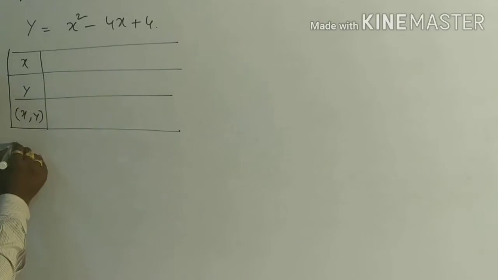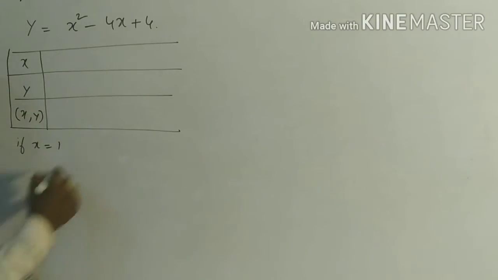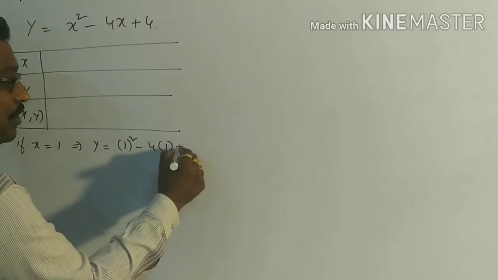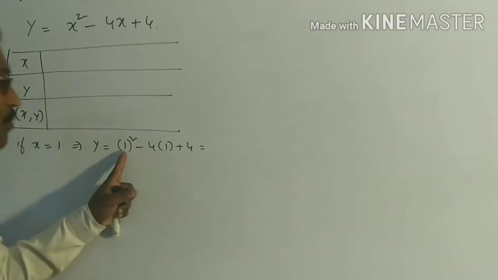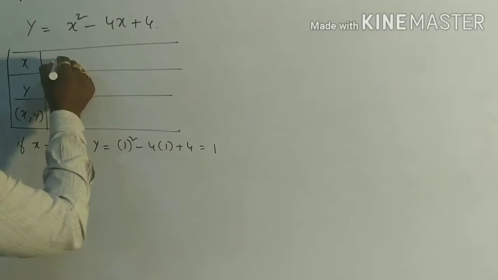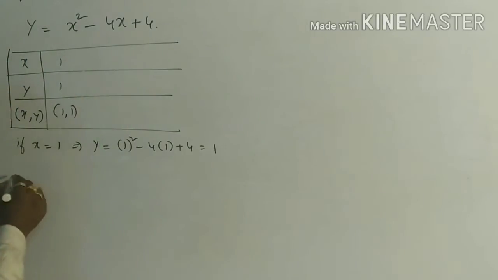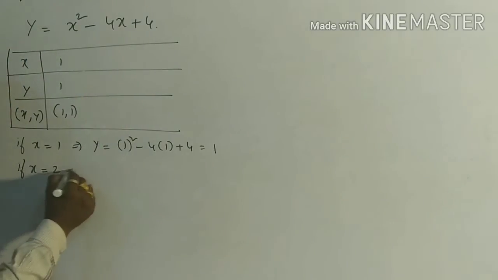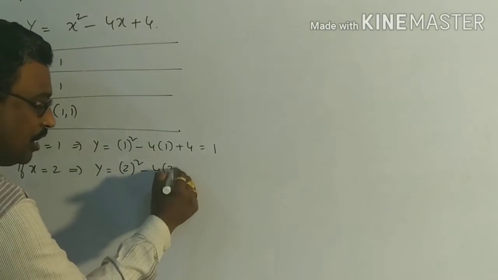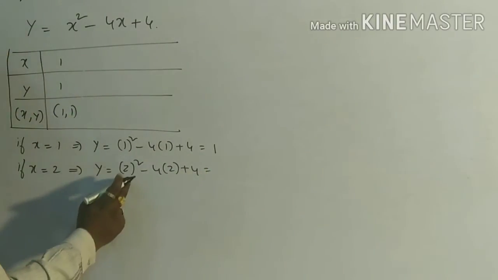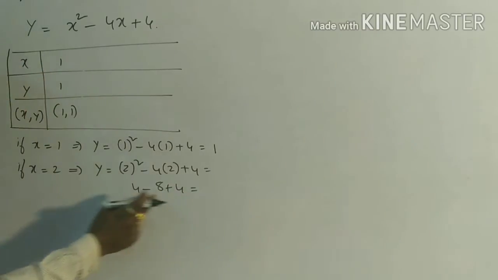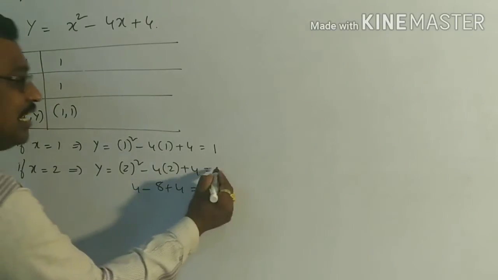If x is equal to 1, y is equal to 1 square minus 4 into 1 plus 4. 1 square is 1, 1 plus 4 is 5, 5 minus 4 is 1. So the point is 1 comma 1. If x is equal to 2, y is equal to 2 square minus 4 into 2 plus 4. 2 square is 4, 4 twos are 8, 4 plus 4 is 8, 8 minus 8 is 0.